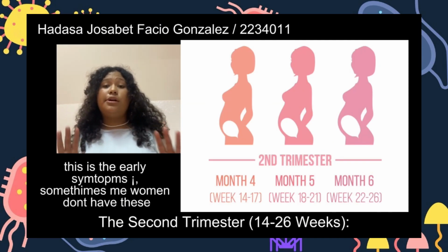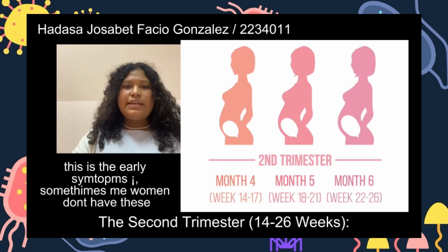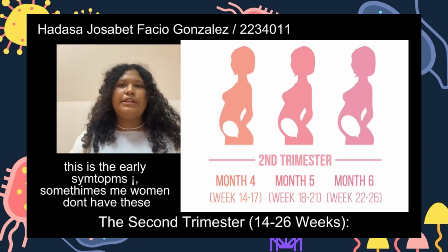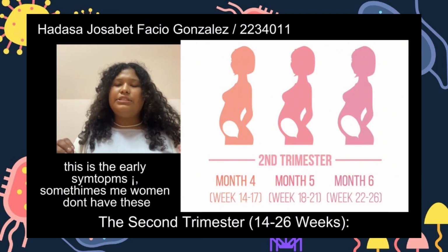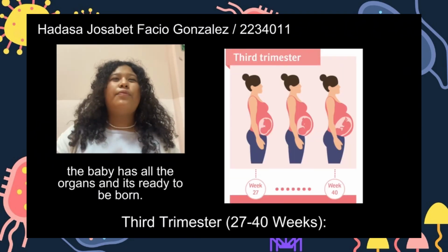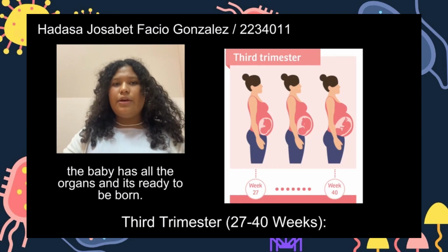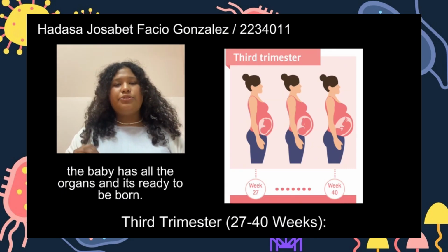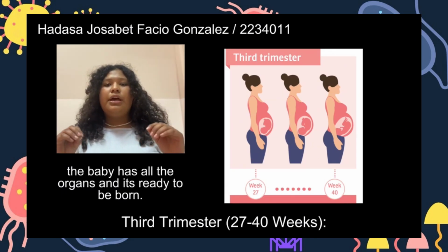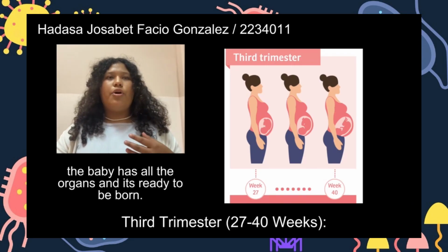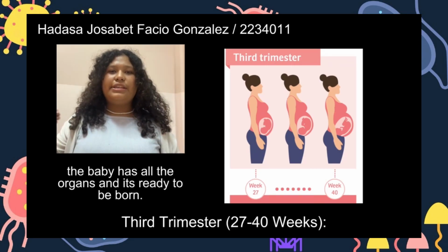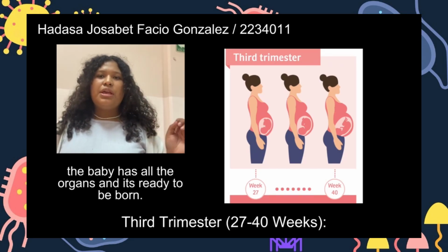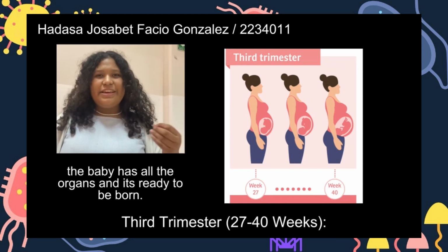They appear, but sometimes some women have them and it's normal, but the majority don't have them. And the last trimester is when the baby has all the organs and the cells, everything is ready.